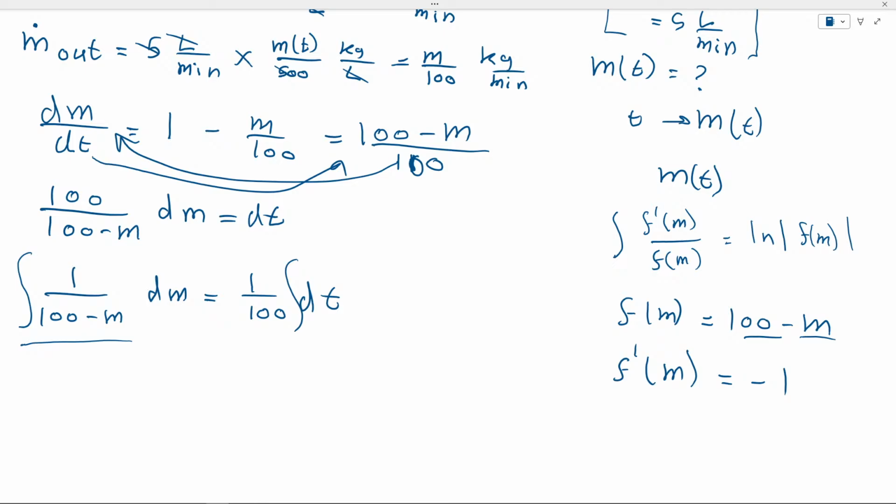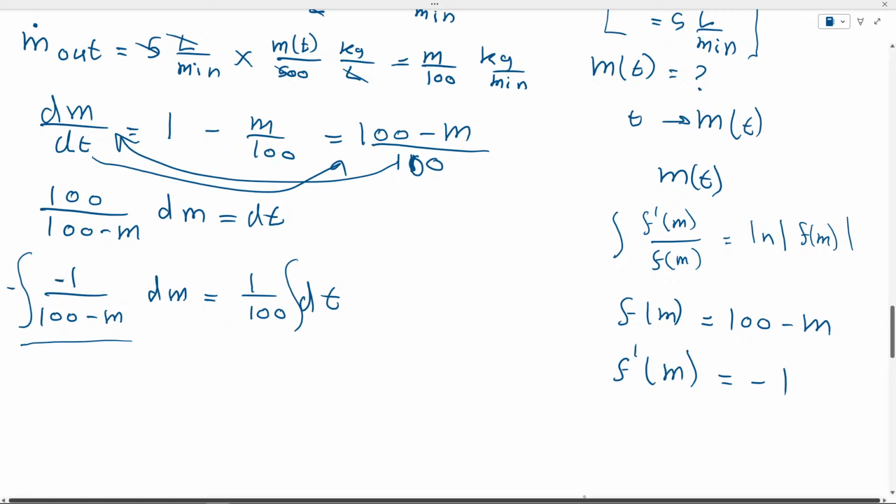Okay, so now I have a function and its derivative, except that I don't have negative 1 here. I just have 1. But that's not a problem, because I can just put a negative 1 here and a negative here. Negative times negative, they will cancel out, so it doesn't hurt.